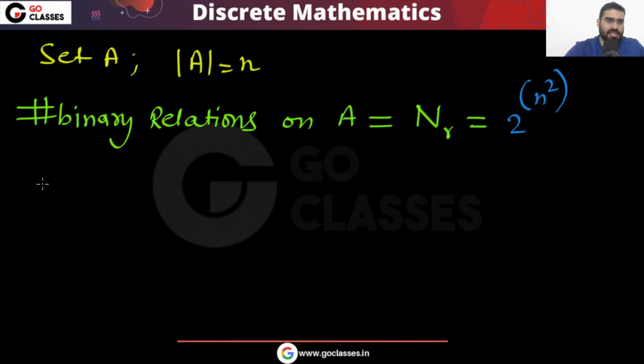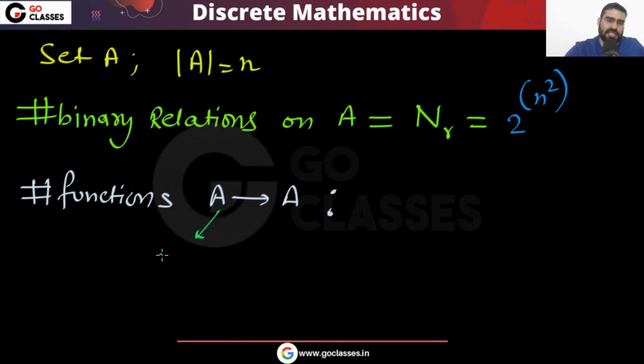What is the number of functions from set A to set A? You can see that this is the domain and this is the codomain.